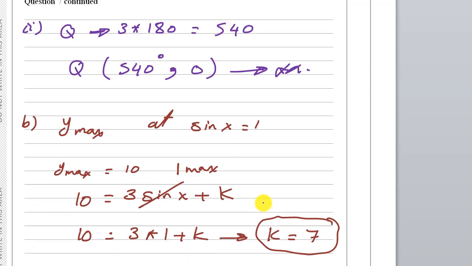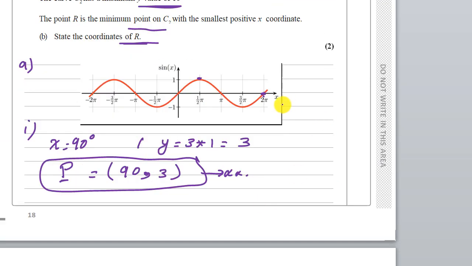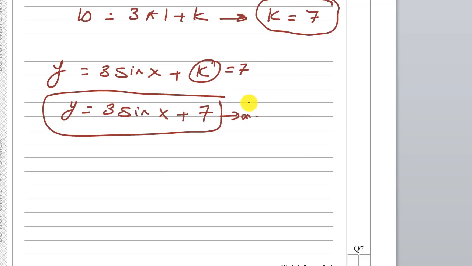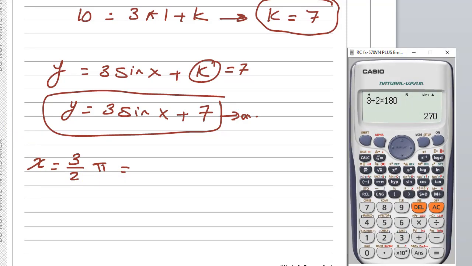Now, when it will be negative, let us go to this curve. The minimum is at minus 1, at 3 over 2 pi. So at x equals 3 over 2 pi, let us find this value. 3 over 2 multiplied by 180 is equal to 270.